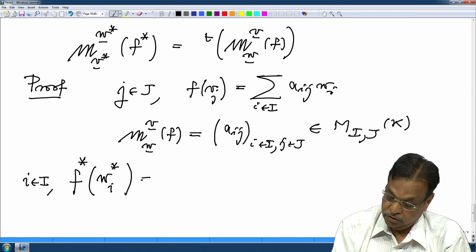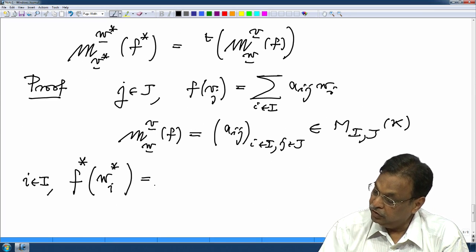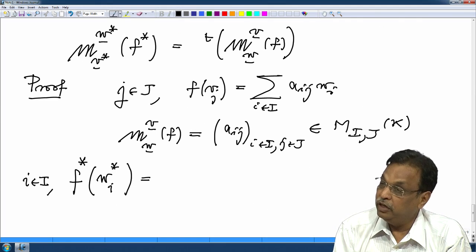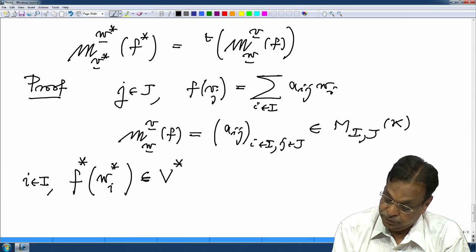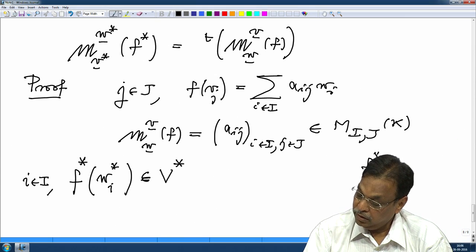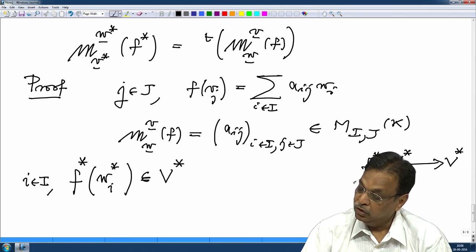Now what is this element? This element is a linear form. This is in V star, because F star is a linear map from W star to V star, and Wi star are the coordinate functions here. So when I go under F star, it will be somebody in V star.